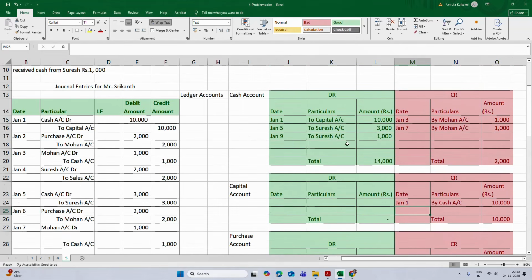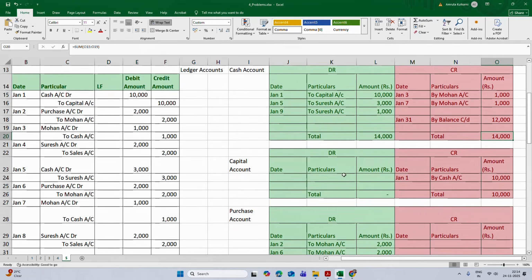Now we will balance all these accounts. Jan 31 I will have this by balance carried down 12,000. So I have this 40,000 debit side, 14,000 credit side. Now in my capital account on Jan 31, we'll have to close this to balance for rupees 10,000.